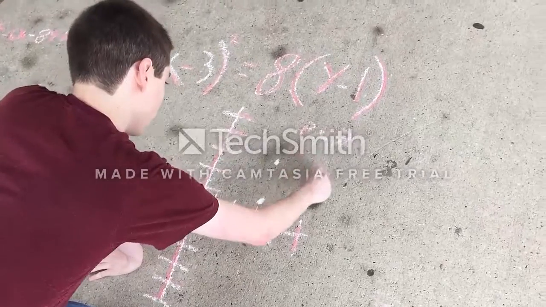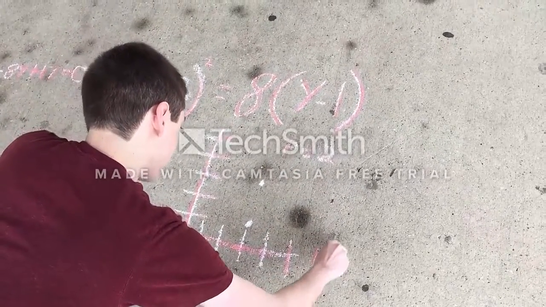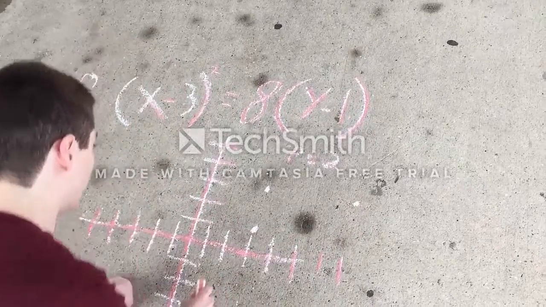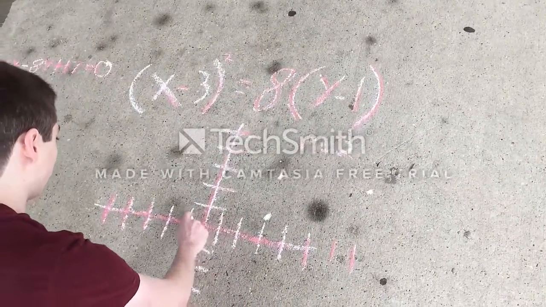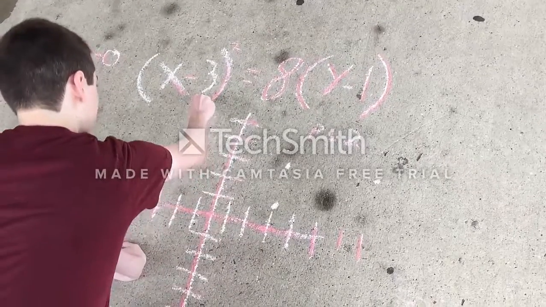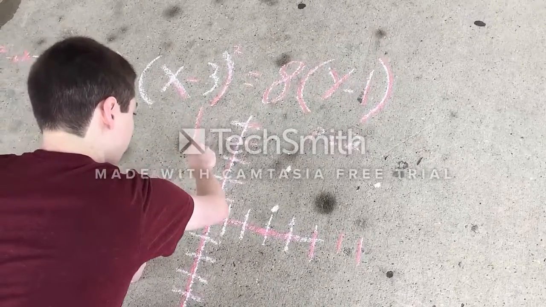So we're going to go 1, 2, 3, 4 over, and then the same thing on the other side. 2, 3, 4. And then we're just going to draw it.